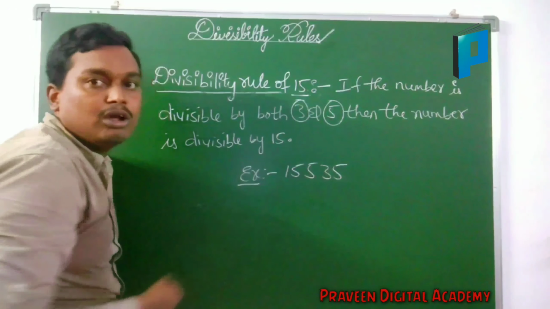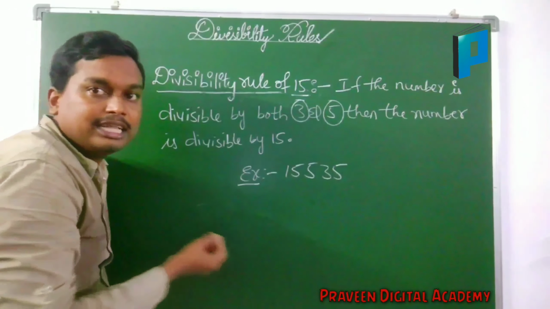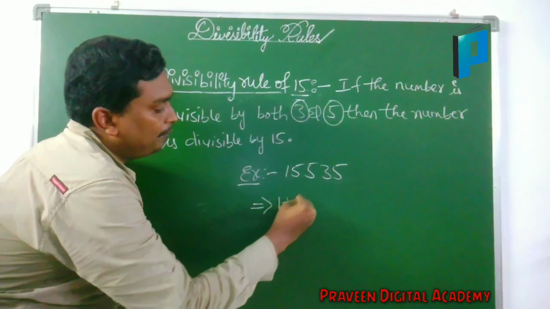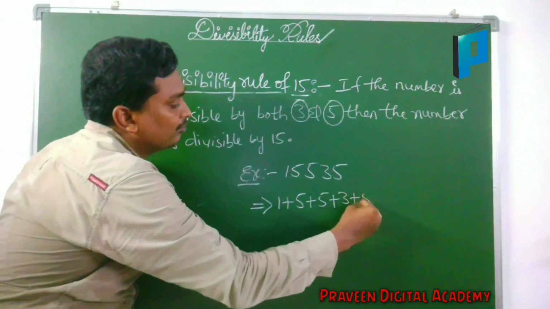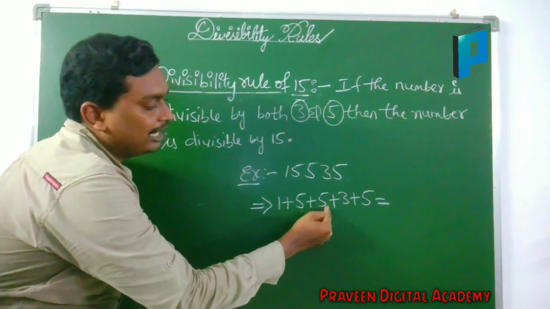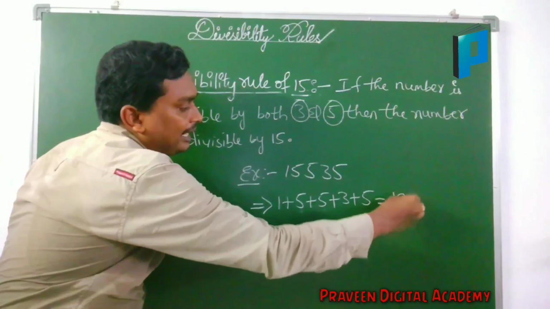What is the divisibility rule of 3? If the sum of all digits is divisible by 3, then the number is divisible by 3. Here we have 1 plus 5 plus 5 plus 3 plus 5. 1 plus 5 is 6, 6 plus 5 is 11, 11 plus 3 is 14, 14 plus 5 is 19.